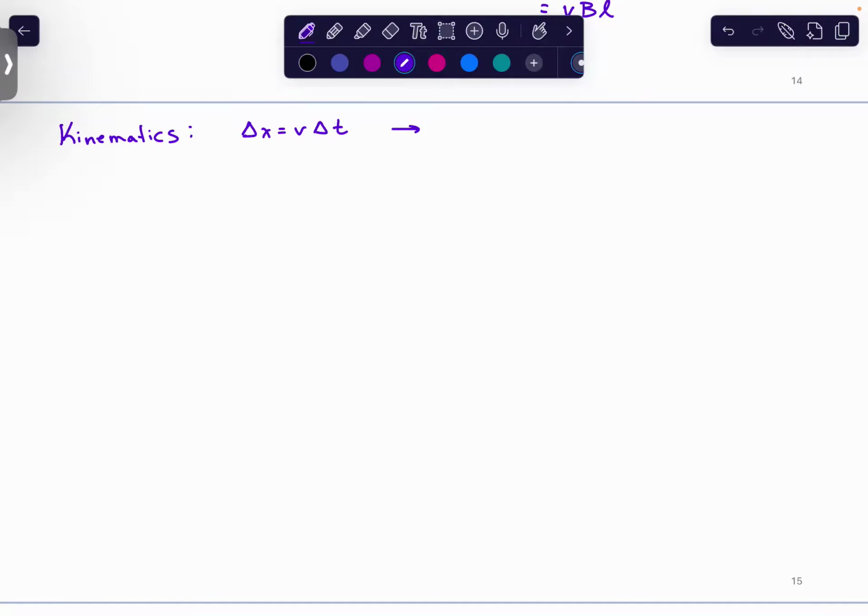We know that we can take deltas and reduce them down to an infinitely small differential. And so we'll start by saying area is length times width, which for us is going to be length times delta x. So now we have a dA element, L dx, which is going to be LV dt.